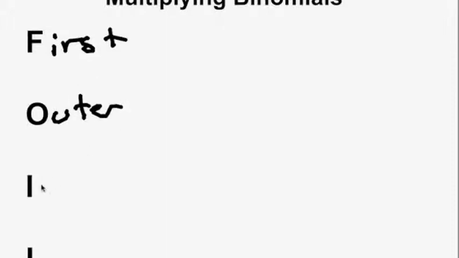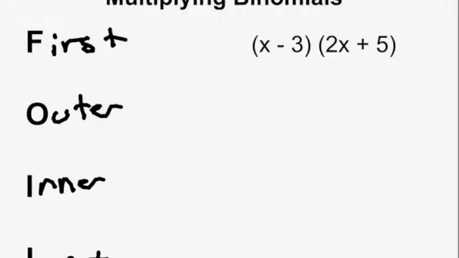When you're multiplying binomials, you want to remember the acronym FOIL. FOIL stands for first, outer, inner, last. And those 4 words refer to the order in which you multiply terms in binomials. So if you have x minus 3 times 2x minus 5, first you would multiply the first terms together.